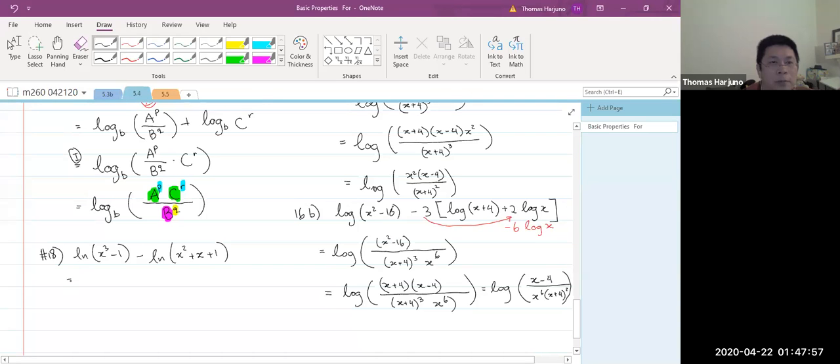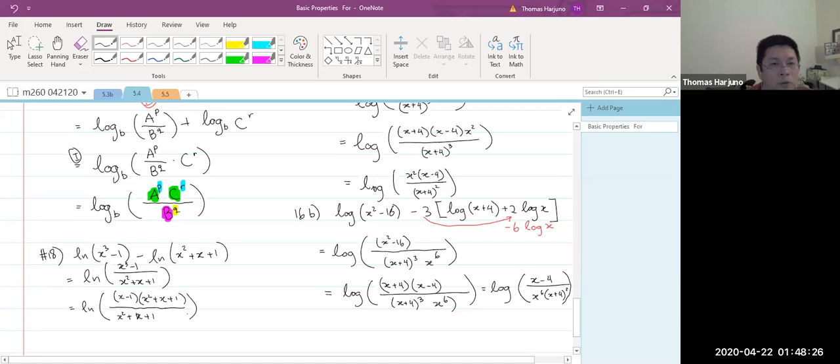Okay, I think the first step is easy. That's natural log of x cubed minus 1 over x squared plus x plus 1. But the thing that I really need to know at this time is whether you know to factor the numerator, right? That will be x minus 1 times x squared plus x plus 1.